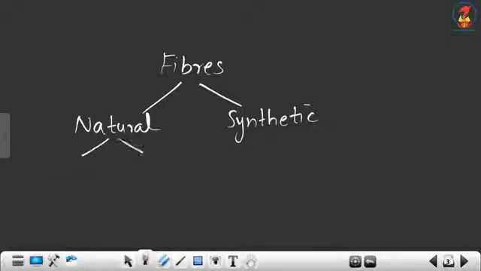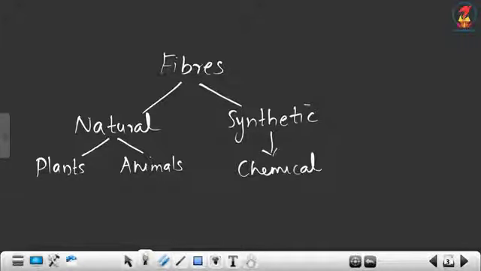What are natural fibers? The fibers which are obtained from plants and animals are known as natural fibers. Now synthetic fibers are fibers which are obtained from chemical substances. Fibers which are obtained from chemical substances are known as synthetic fibers.